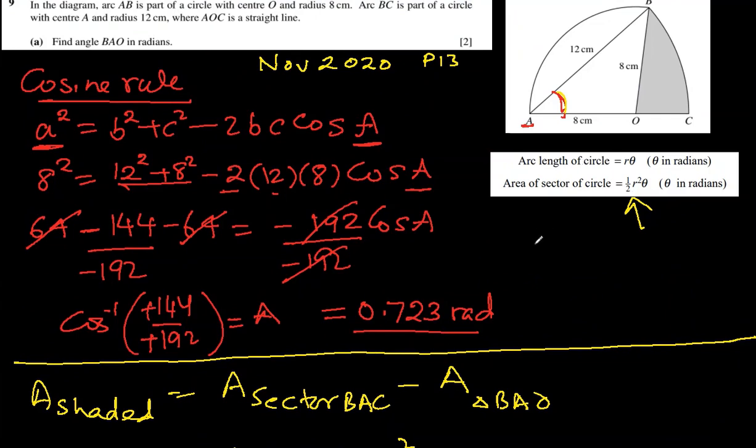Now, area of the triangle BAO. We also know the area of the triangle is half bc sine A. So b and c are the two sides around the angle A. Angle A is known to us, this one. By chance the name is A here. If it was some other alphabet, that would be used. So we know 8 and 12 are b and c, and the angle is 0.723.